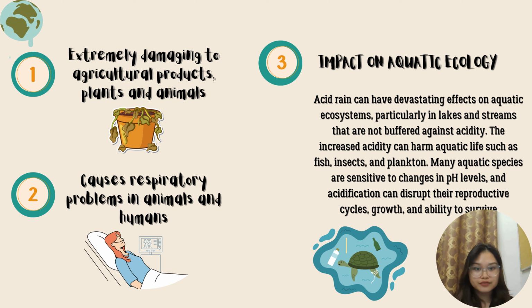Acid rain can have devastating effects on aquatic ecosystems, particularly in lakes and streams that are not buffered against acidity. The increased acidity can harm aquatic life such as fish, insects, and plankton. Many aquatic species are sensitive to changes in pH levels, and acidification disrupts their reproductive cycles, growth, and ability to survive.